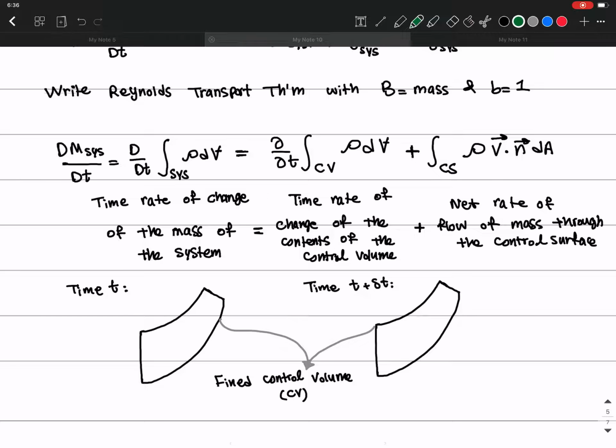So now I want to show the system. So say we have a system of fluid at time t. The system of fluid that we are considering is here.